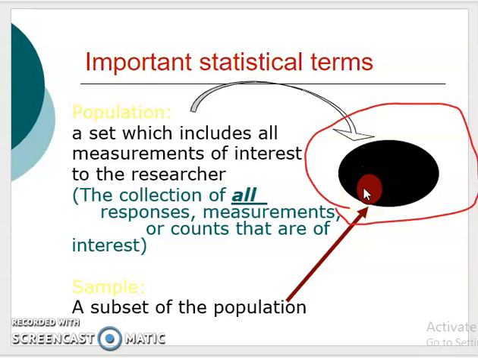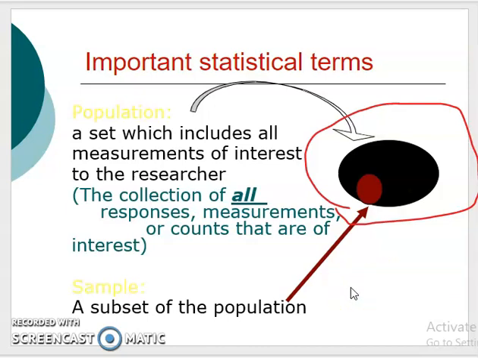That is considered as a sample. So for example, if we want to measure the oxygen of a particular pond, we are not taking the whole water from that pond. We are just taking a few ml of the water from the pond, doing the estimation for oxygen, and getting the value for the oxygen, and that small amount of water that we take from the pond is called a sample.